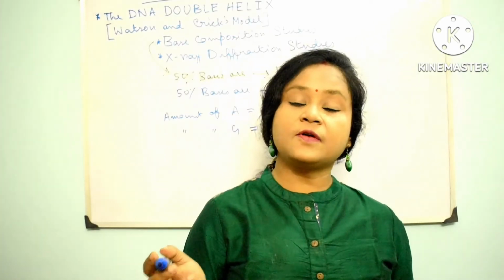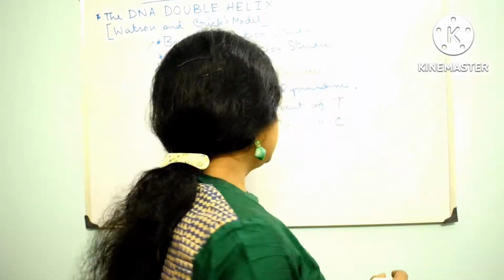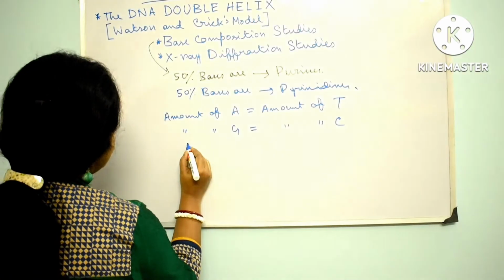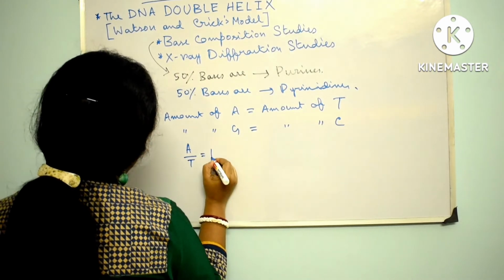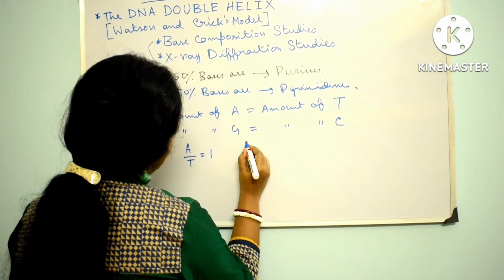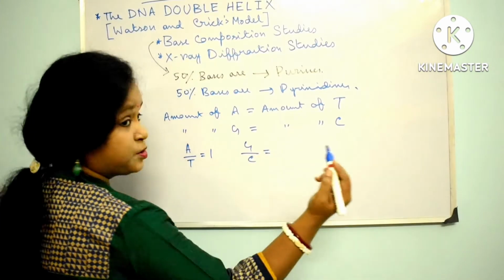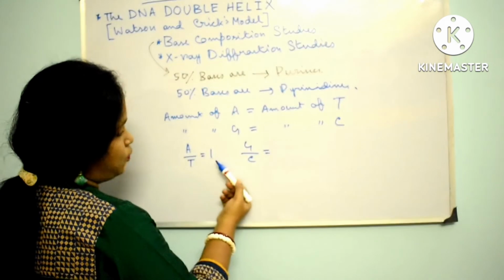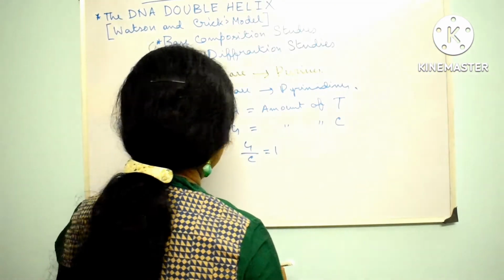In comparisons of DNA from different organisms, the ratio of A to T is 1 and the ratio of G to C is also 1.